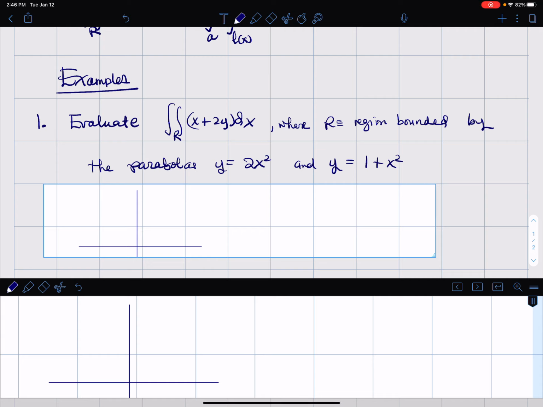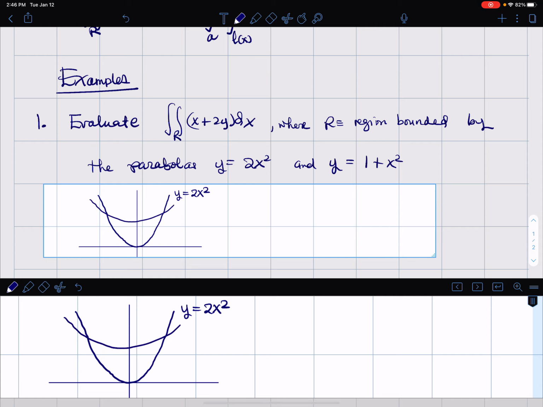We have y equals 2x squared. So we have something like this. I said 2x squared. And then we have y equals 1 plus x squared, something like that. So this is y equals 1 plus x squared.